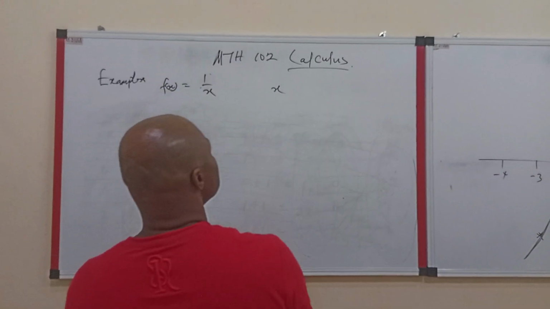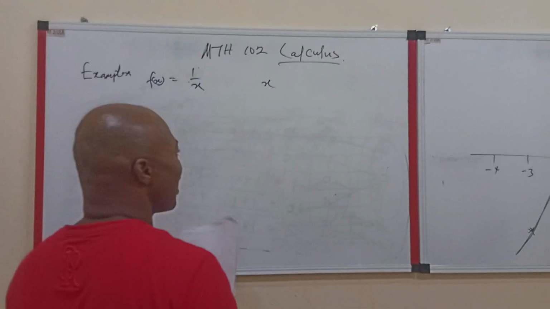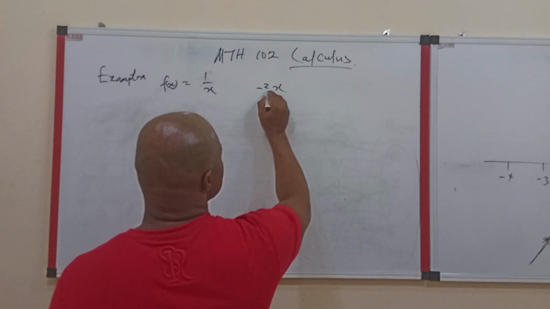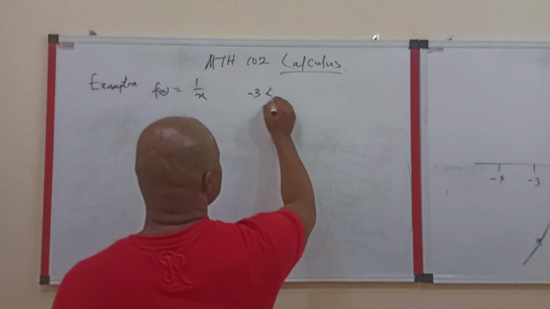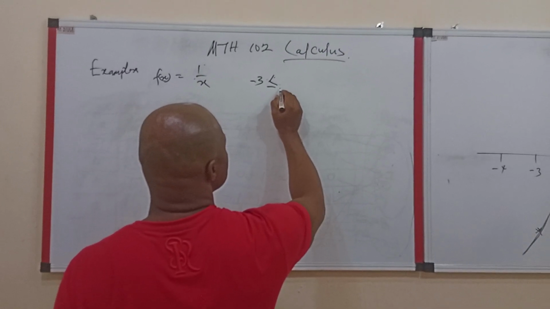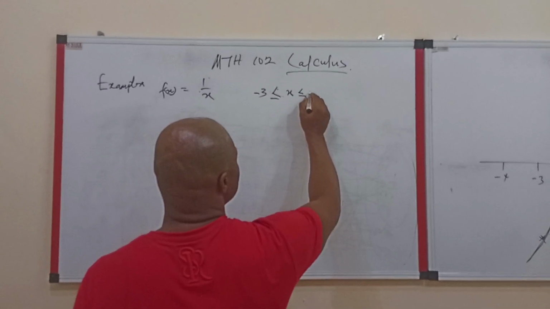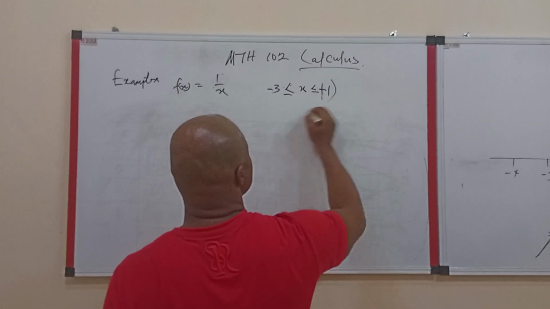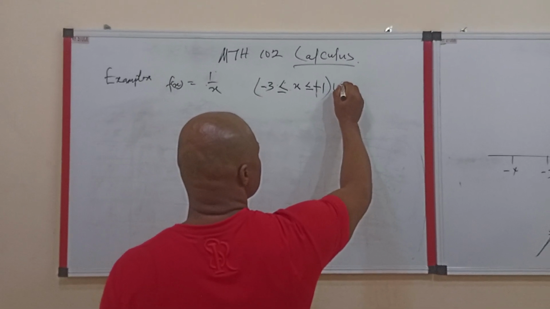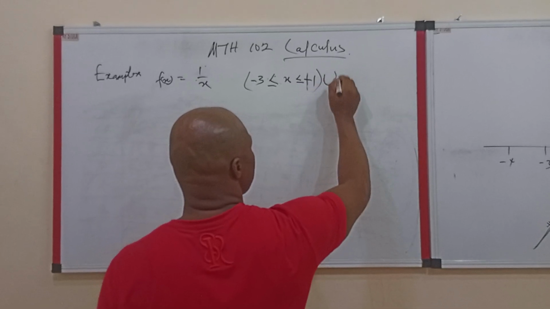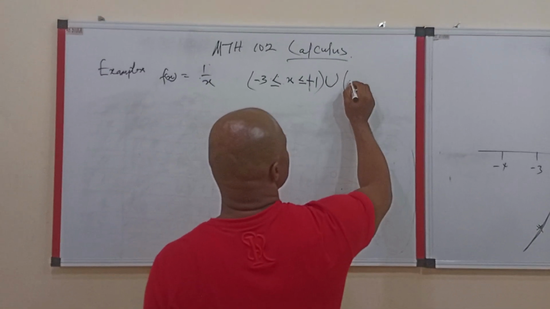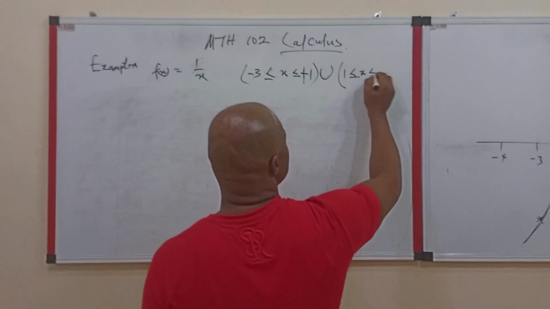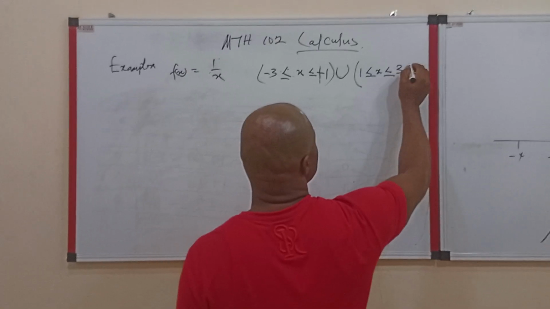Instead, x will be like this: -3 is less than or equal to x less than or equal to -1, union, 1 is less than or equal to x less than or equal to 3.